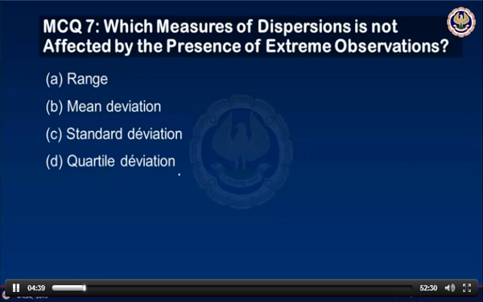When we study the properties of various measures of dispersion, quartile deviation is not affected by the presence of extreme observations. This is an important property. So quartile deviation is not affected by extreme observations.